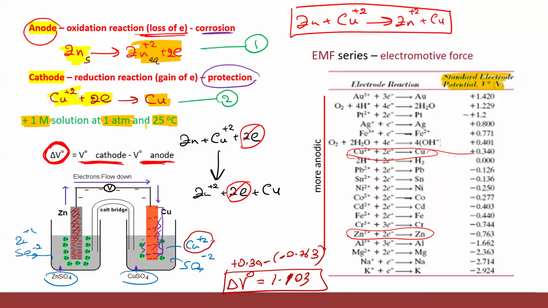If the solution concentration is different, or the temperature is different, this value needs to be adjusted. So we have a different equation to find the delta V. We don't call it delta V naught; we call it delta V naught only under standard conditions. So what are the standard conditions? 1 molar solutions in both electrodes, 1 atm and 25 degrees Celsius. Are we good?